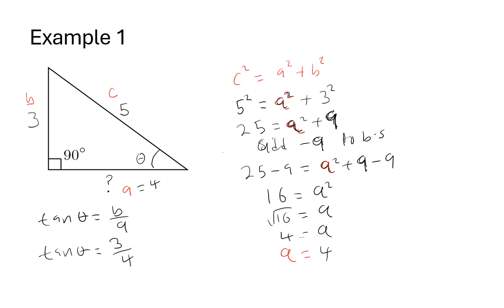So theta is equal to tan inverse of 3 over 4. Putting the tan inverse of 3 over 4 in a calculator gives us, in degrees, about 36.87 degrees. So this angle is 36.87 degrees.